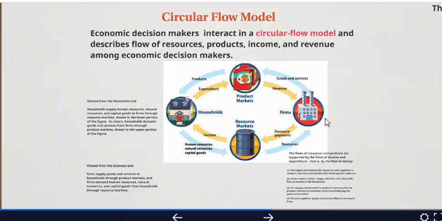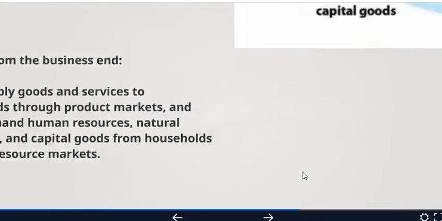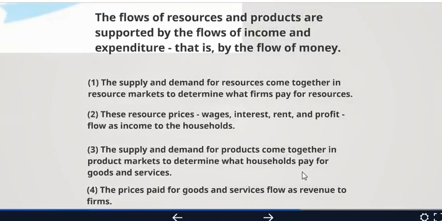So it's the flow of money. Okay? And that is right there. We're going to slide through these things a little bit. First of all, the supply and demand for resources come together in resource markets to determine what firms pay for resources. These resource prices, being the wages, the interest, the rent, the profit, flow as income to the households.